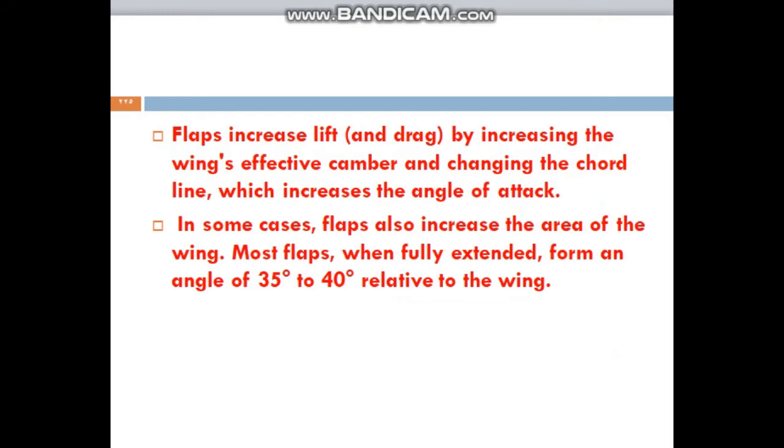Flaps increase lift and drag by increasing the wing's effective camber and changing the chord line, which increases the angle of attack. In some cases, flaps also increase the area of the wing. Most flaps, when fully extended, form an angle of 35 to 40 degrees relative to the wing.